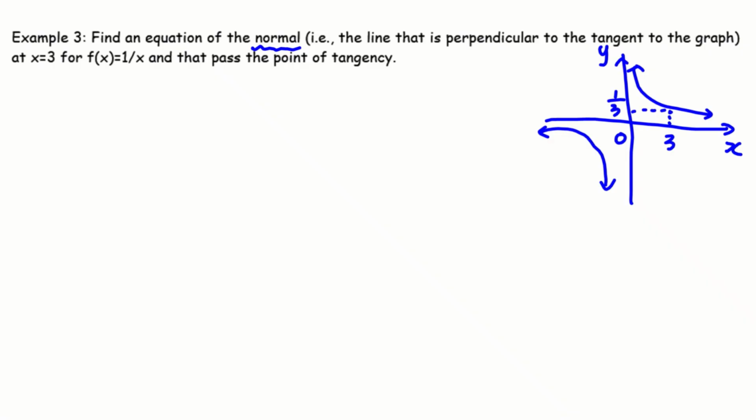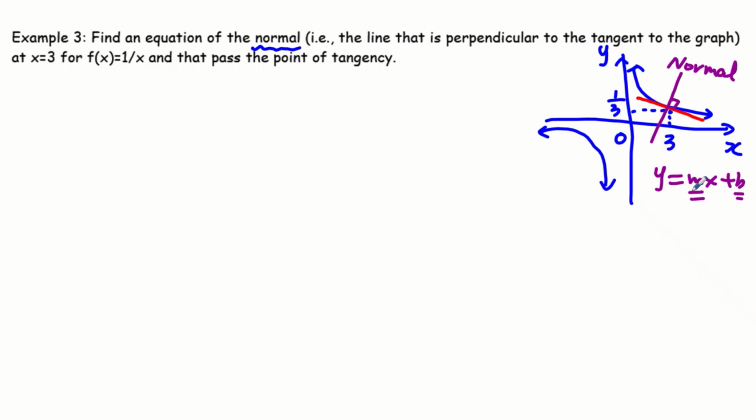So this is a point, and the tangent touches the graph at only one point. The normal means perpendicular to this line. It asks you to find the equation for this normal. This is a straight line, so we need to find m and b.